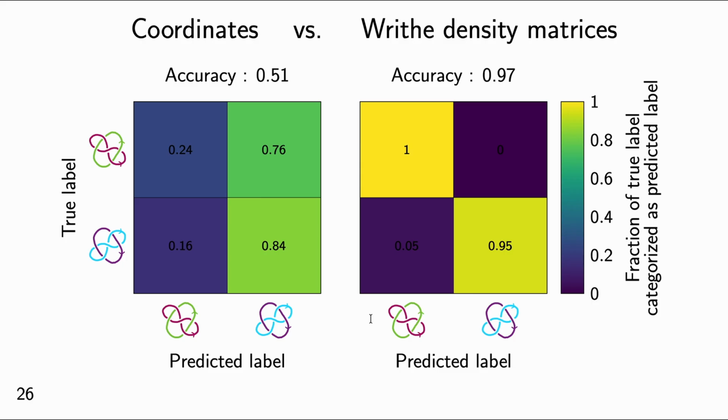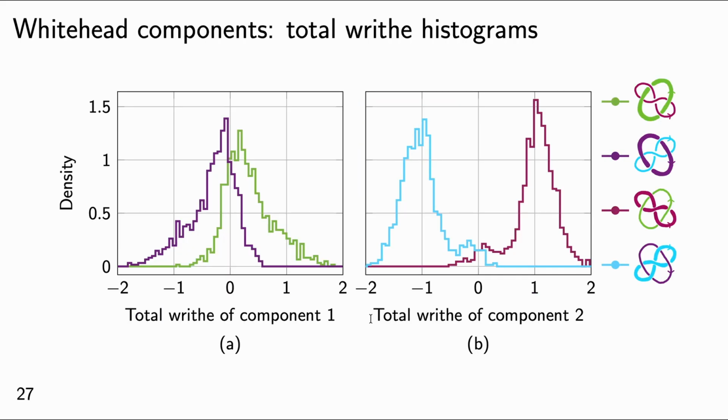And so, again, this would be really quite compelling, but the Whitehead link case study also introduces a new kind of dangerous point. And that is this plot, which will take a little bit of time to unpack. So this is a series of histograms of the total Writhe of each of the two components.